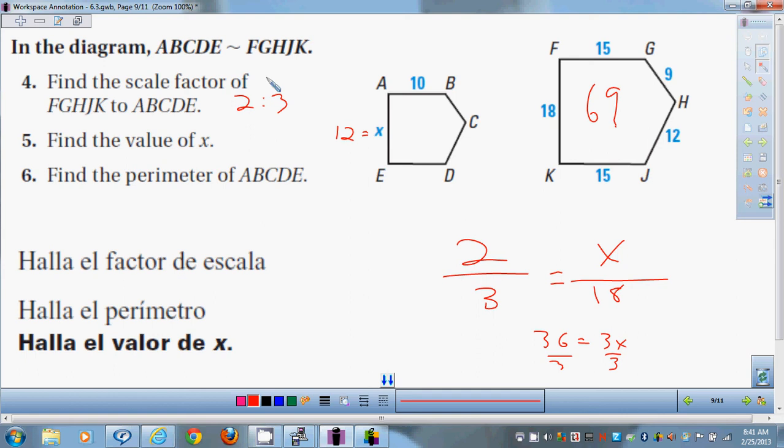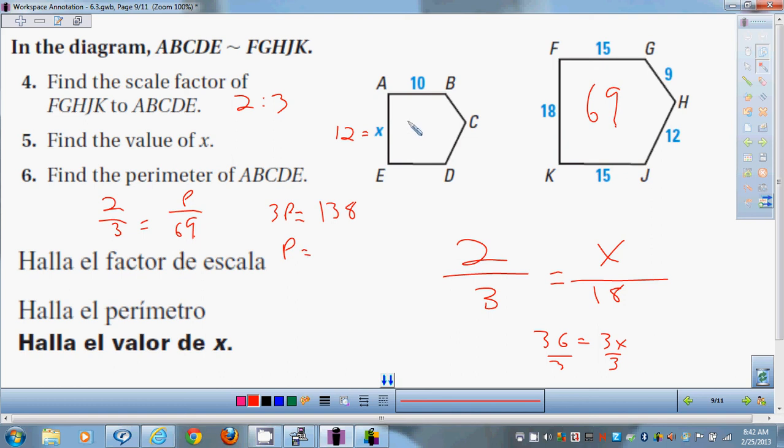Notice, small to large, small to large. Cross multiply. 3p equals 2 times 69. Divide by 3, and what did somebody get? Thank you, 46. That is the perimeter, not the area, the perimeter of the first one.